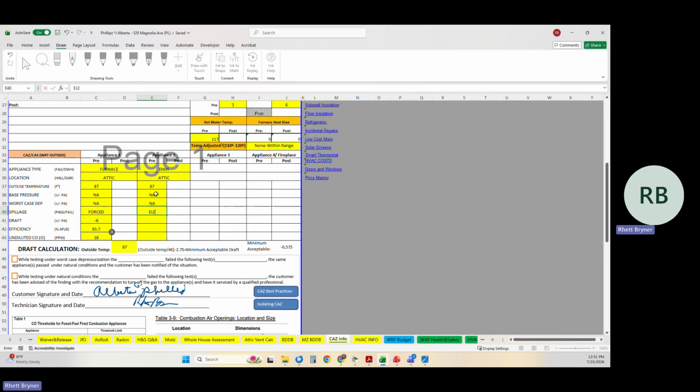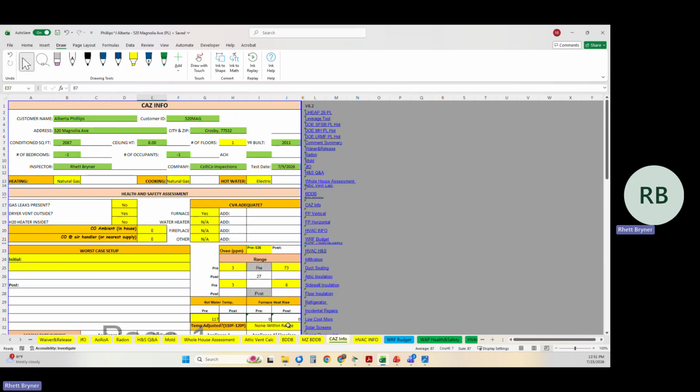For the rest of these, since it's an electric water heater, none of these carbon monoxide readings are going to apply. So we're just going to put electric for each of these just to explain why we're not entering the information. You still put these in here just so you don't get questions from the office, because if it's blank, they're going to wonder, did he forget to enter that? So we go ahead and enter it just to avoid additional unnecessary questions.